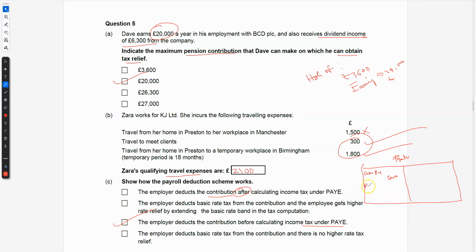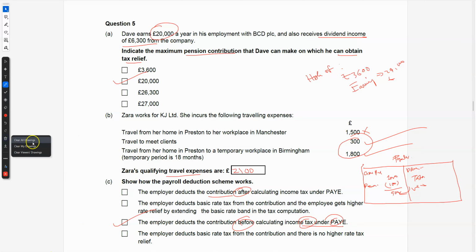So let's say you put 100 into the pension, so minus 100. Your gross pay will be 900. That means the PAYE, the tax, and the NIC will be calculated on 900, not 1,000 anymore. So this is deducted before calculating the income tax under PAYE, and you get the tax relief for that.